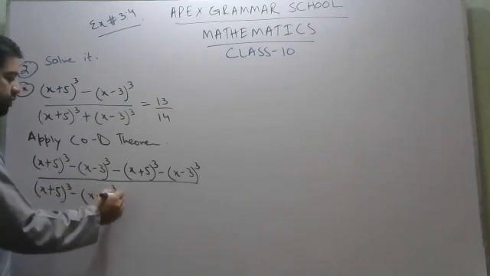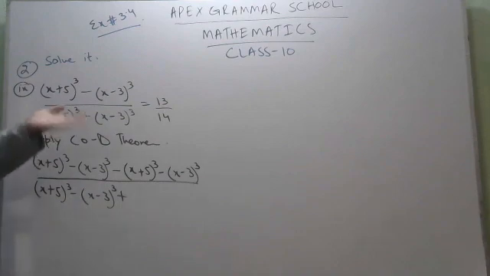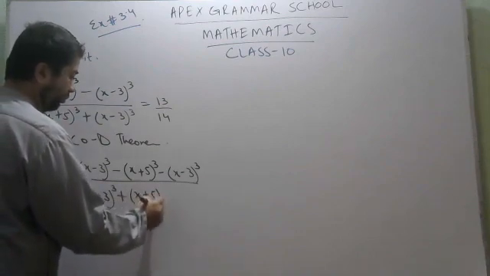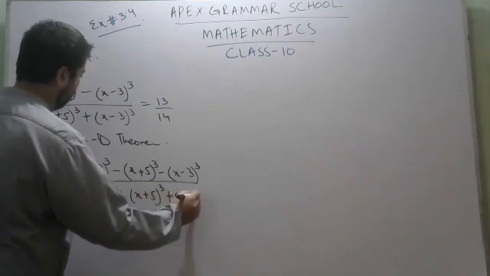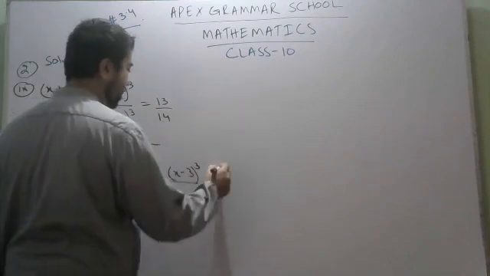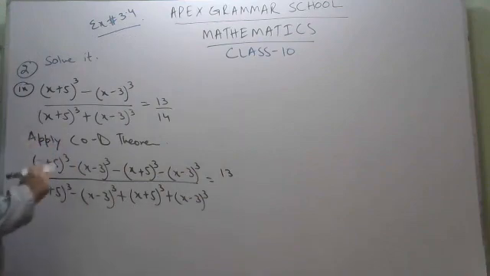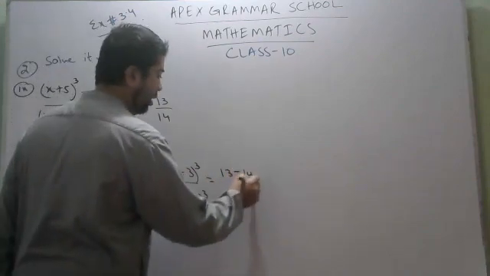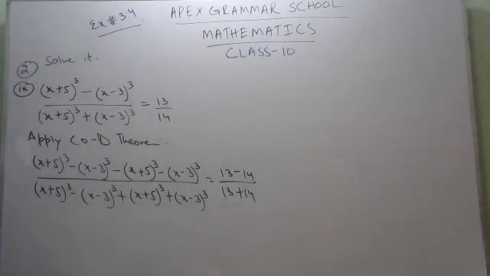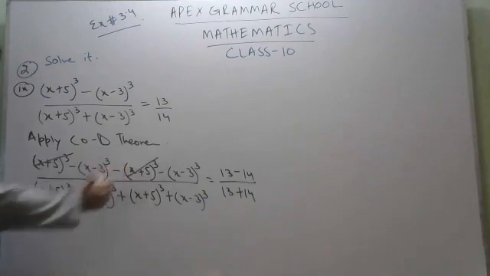After that, positive sign, and then denominator. Also for right hand side is equal to numerator, just like this, negative sign between them, then denominator and then numerator, then plus denominator. Now you can cancel x plus 5 whole cube positive with negative value, and then this positive with this negative value.